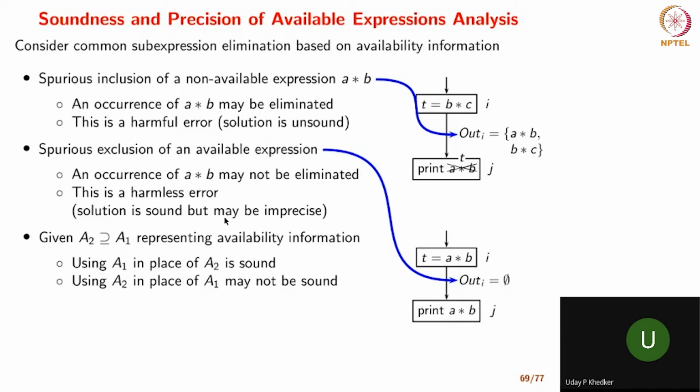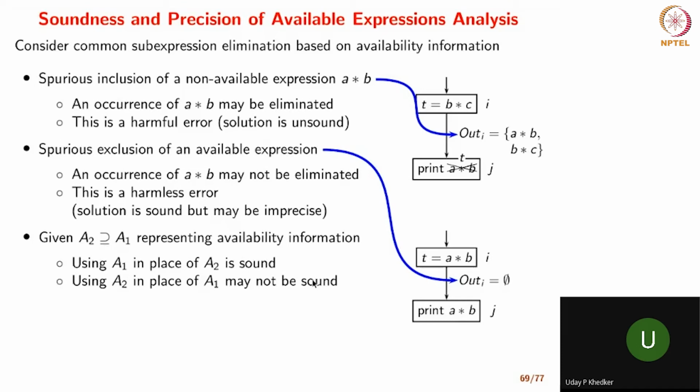So then we can generalize from this observation. Given two sets A2 and A1 representing availability information, if A2 represents sound information, then using A1 in place of A2 is sound. If A1 represents sound information, then using A2 in place of A1 may not be sound.